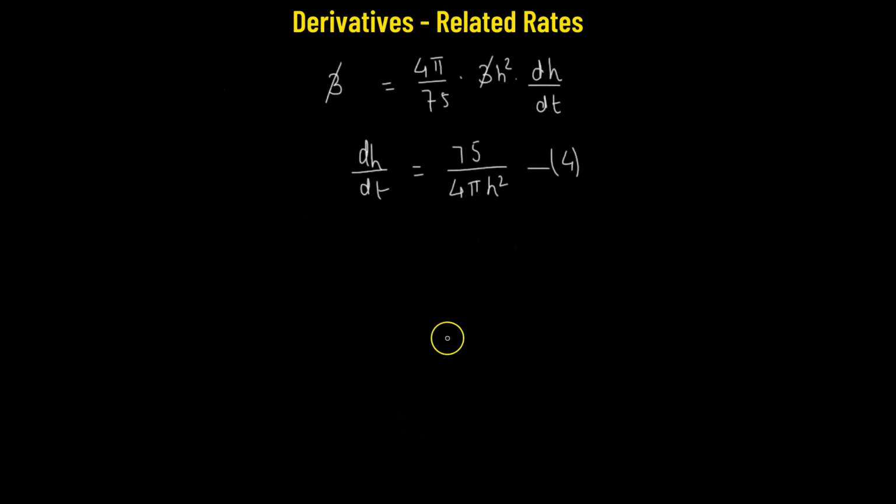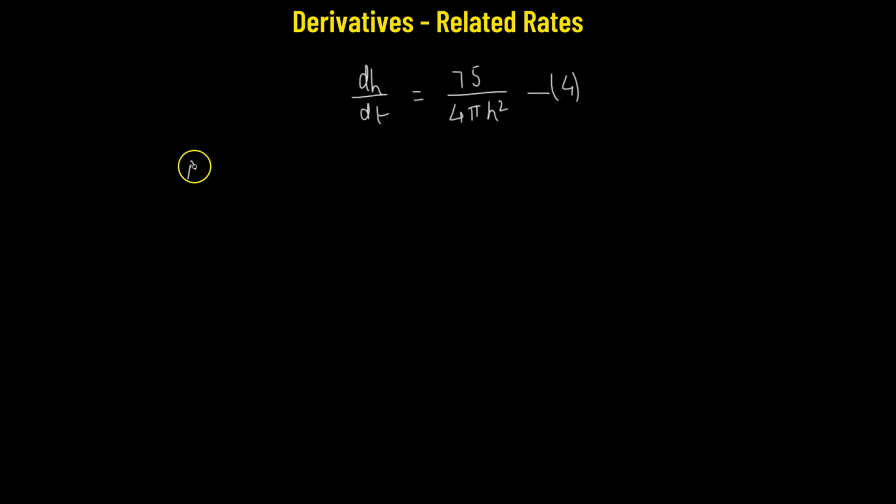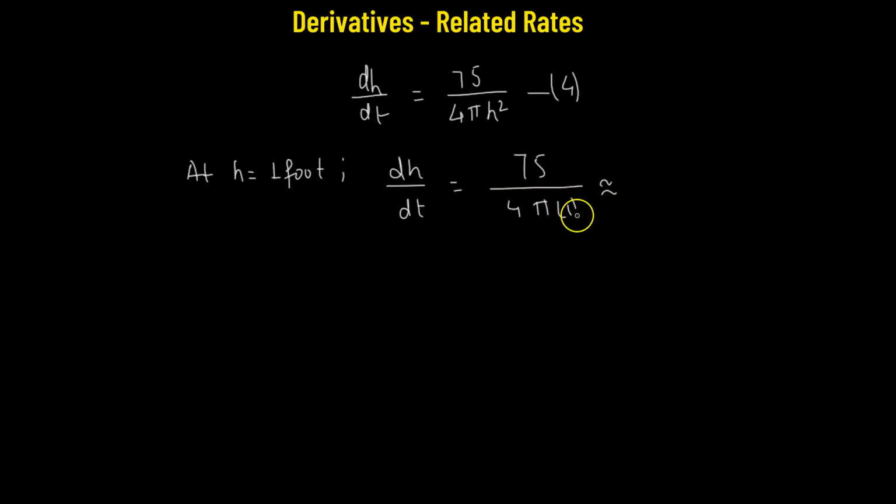Now according to the question, we need to find out at h equal to 1 foot, when our height is 1 foot, the rate at which water is filling up. We have 75 divided by 4 pi, with 1 squared, and this gives approximately 5.97 feet per minute.